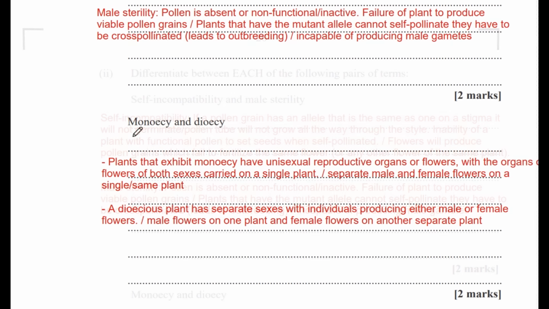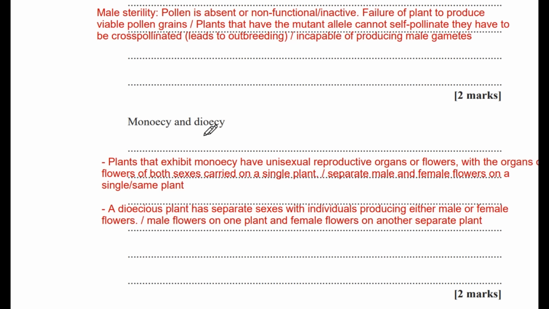The one we have next is monoecy and dioecy. Monoecy, just to give you a brief thing here, mono means one, di means two. Monoecy actually means one house. Dioecy means two houses. So what happens here is that monoecy means that, imagine you have boys and girls in the same house.